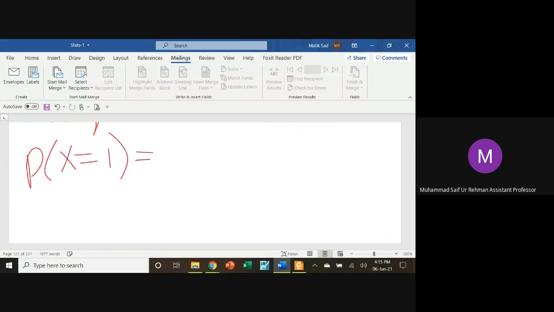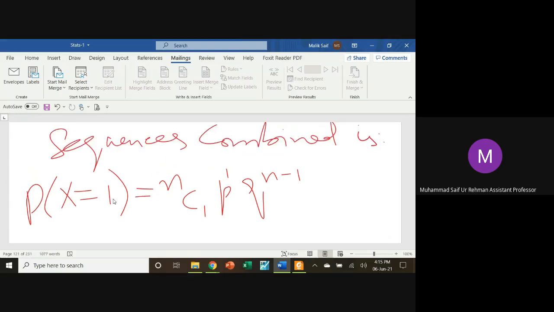It means the probability of success is equal to 1 in this case. So NC1, and then we have proved this, P1. This is the probability of success, and Q to the power n minus 1. So this will be the case when there is only one success in n trials.